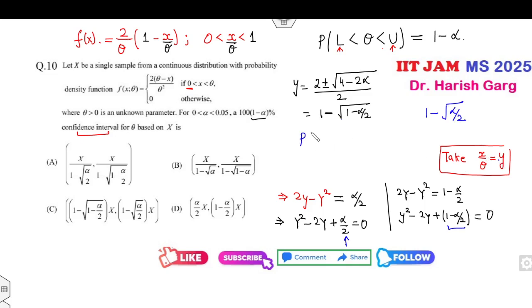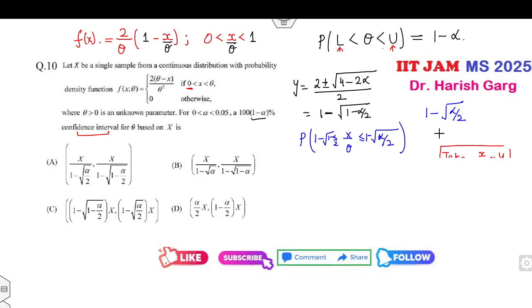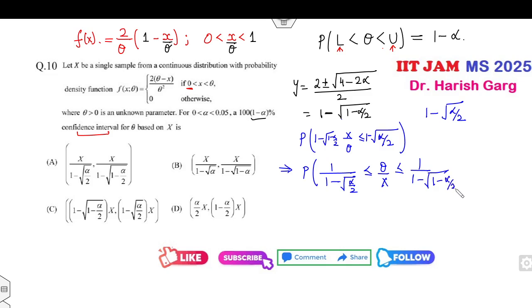So that means your x over theta lies between the two limits obtained. So your target is to find the limit of theta. So I can take the reciprocal of them. It will be 1 over alpha by 2 is theta over x is 1 over 1 minus alpha by 2.